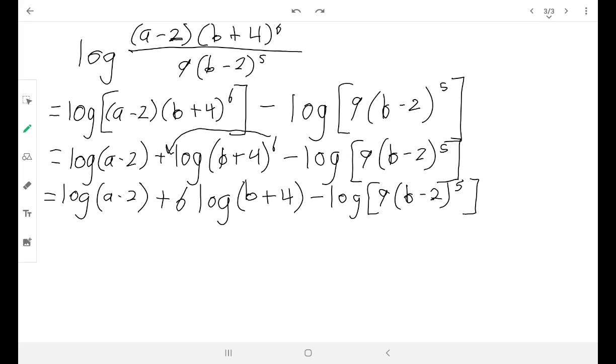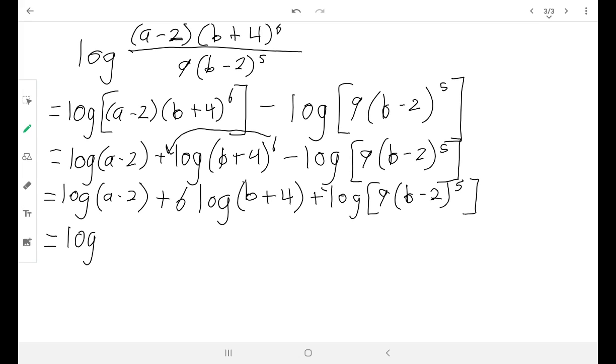So now I need to move on to the other side, and I'm going to start by changing that minus to plus negative. Let me do it a little bit clearer. Change that minus to plus negative. And then I'm going to look at it and go, okay, right there, I've got multiplication. So I can expand that multiplication into addition.